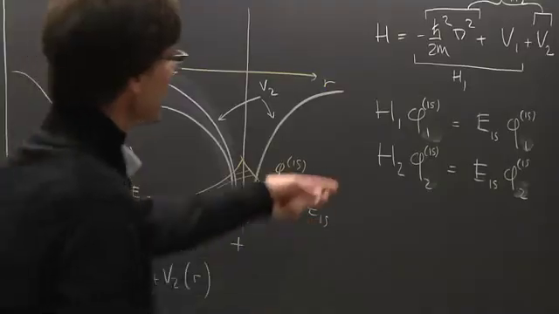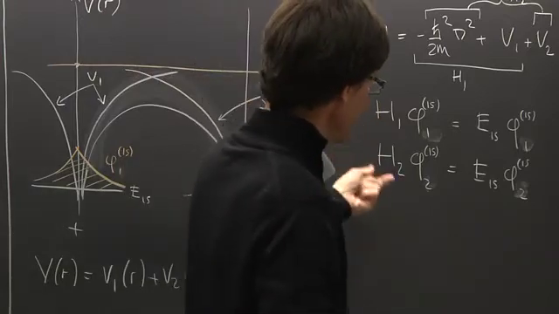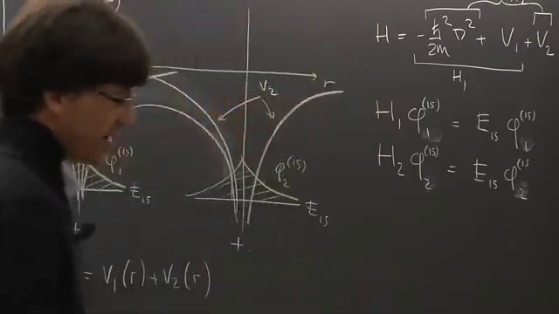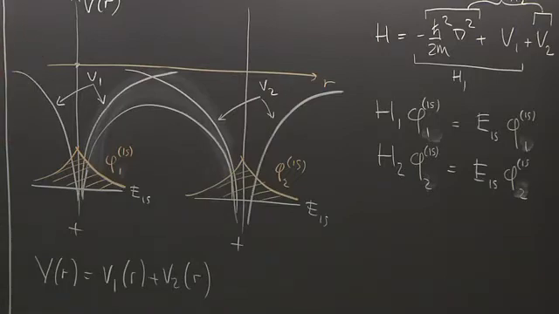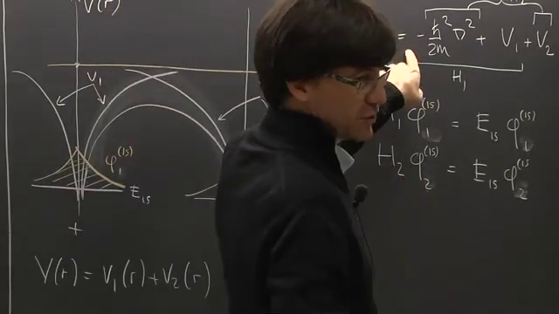How can I use this information, which I assume I know? In the case of the hydrogen atom, it's trivial. In the case of more complex atoms, I assume that I've been able to calculate or determine it in some way. How can I now use this information to solve my problem?